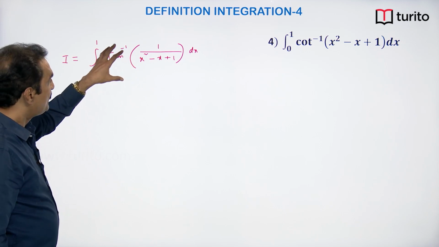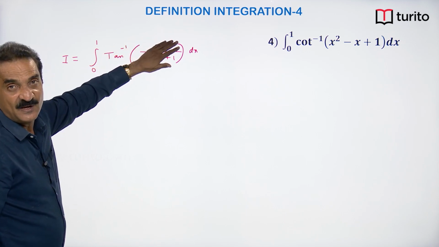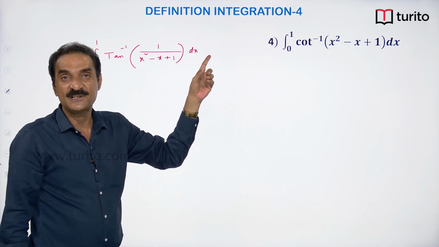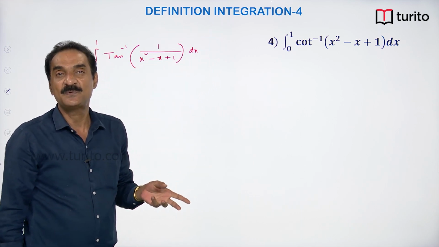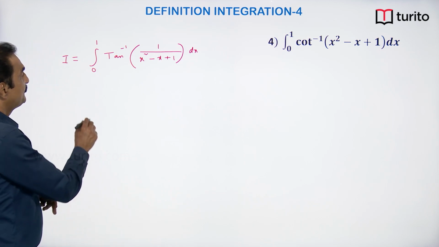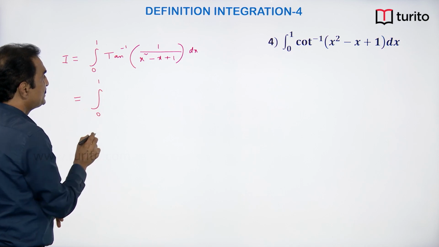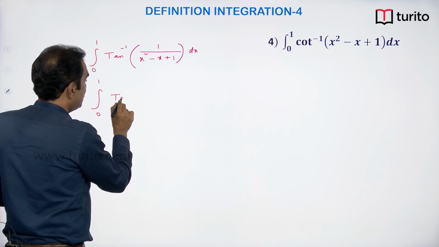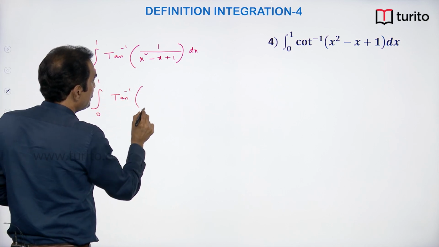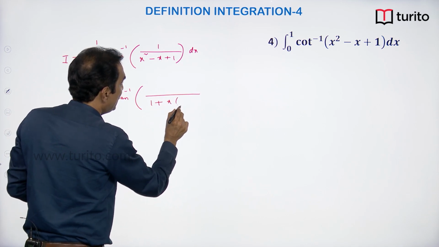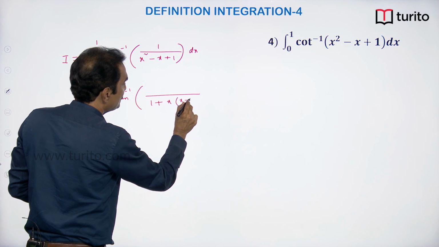Now I am going to write this as x minus y by 1 plus xy, then apply the formula tan inverse of x minus y by 1 plus xy is equal to tan inverse x minus tan inverse y. Integral 0 to 1 tan inverse of, you can write the denominator as 1 plus x into x minus 1.